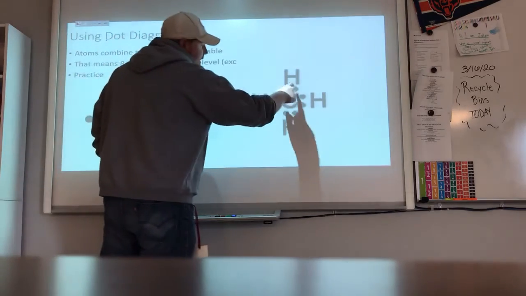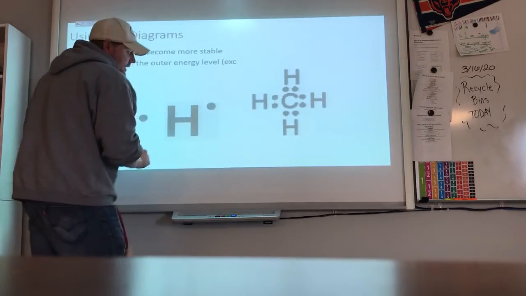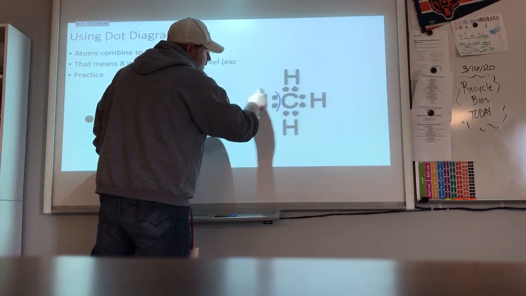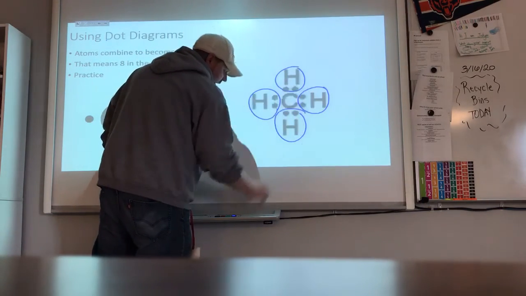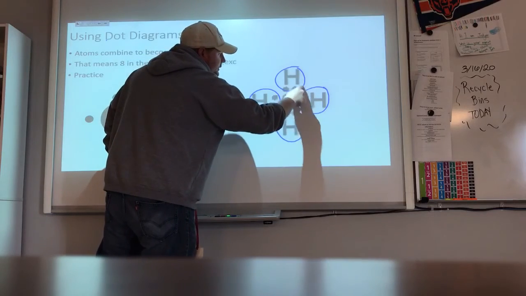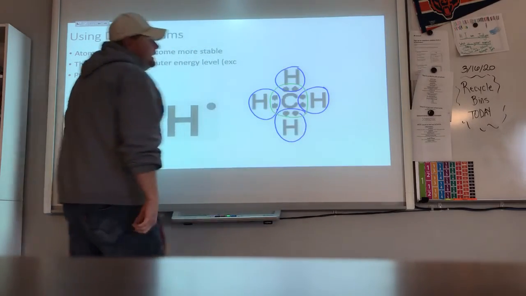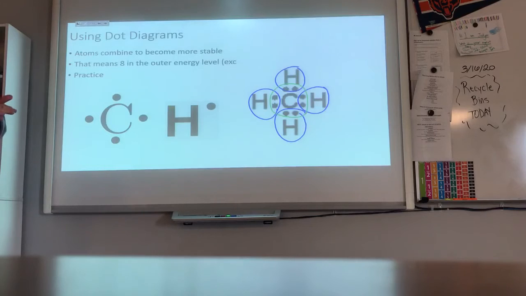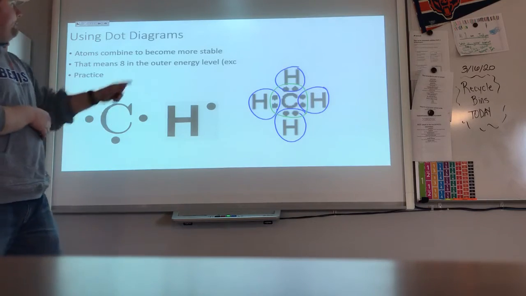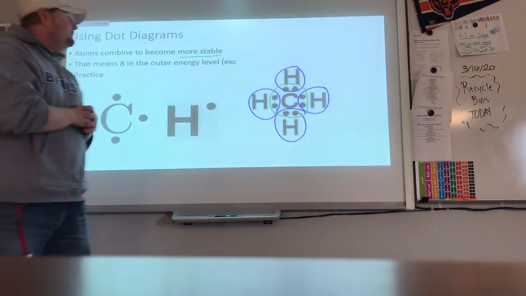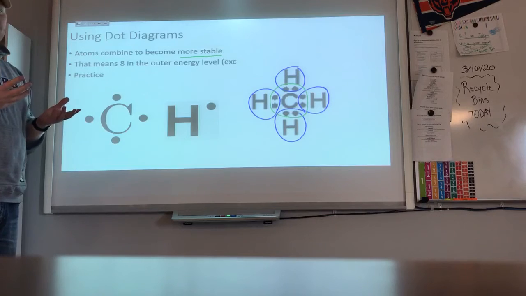Now notice how the C has 8 around it, and each hydrogen has 2. And that's what hydrogen wanted. And for chlorine, the ones that it's sharing, it ends up having 8. So chlorine has 8, its outer level is full and happy. Hydrogen has 2, its outer level is full and happy. And they're both more stable. All things are good for both of them.